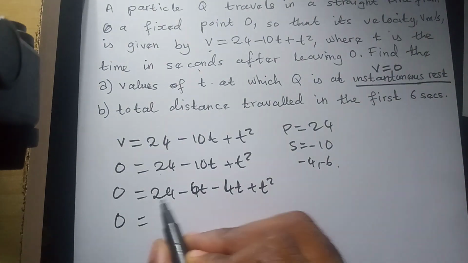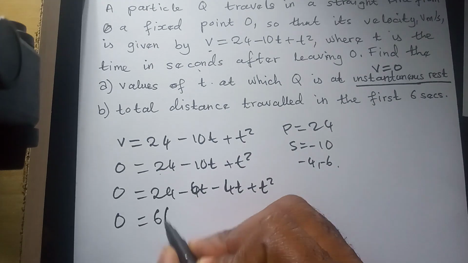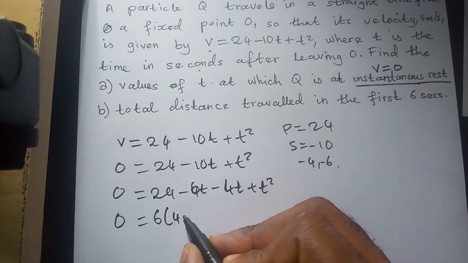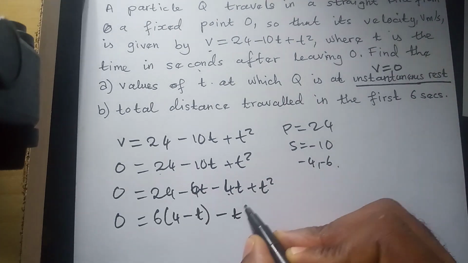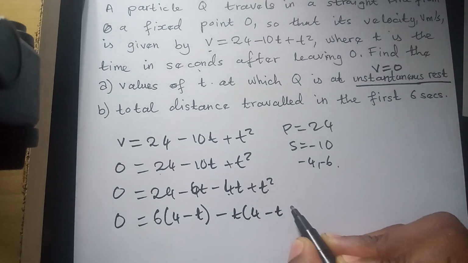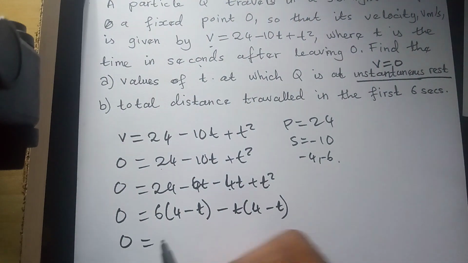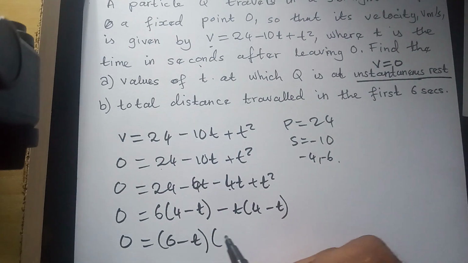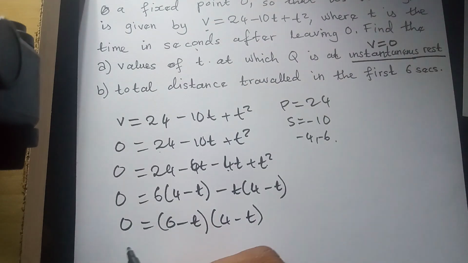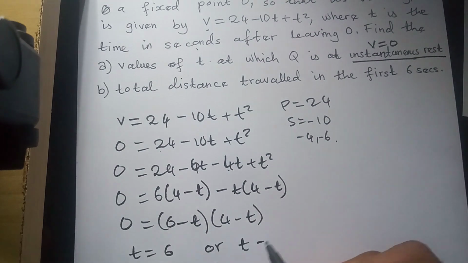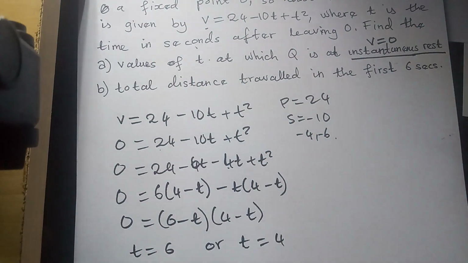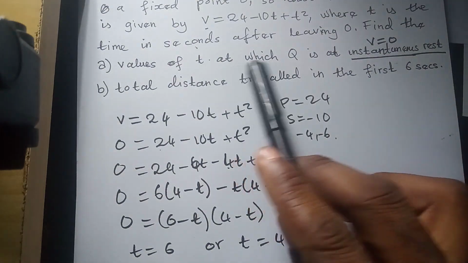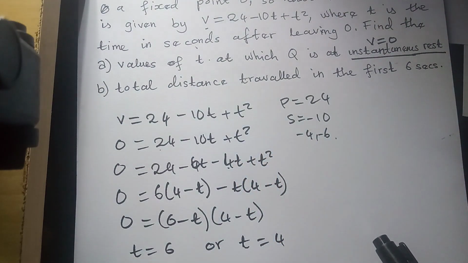Then you can factor out the 6 from here, and you can factor out the t from there. You have 6 minus t, then 4 minus t. So that means t is equal to 6 or t is equal to 4. These are the values of t at which Q is at instantaneous rest.